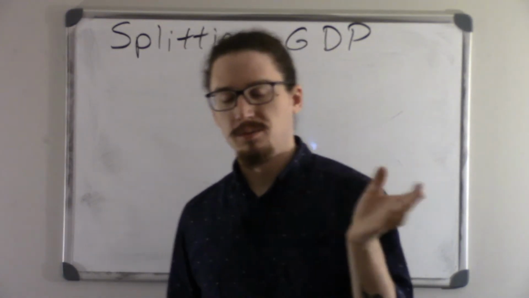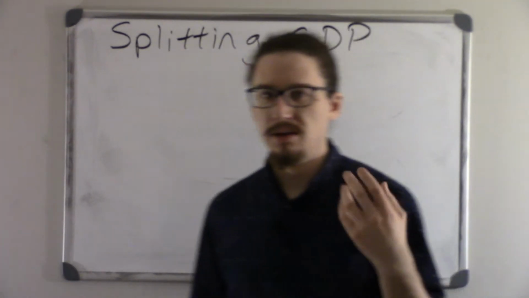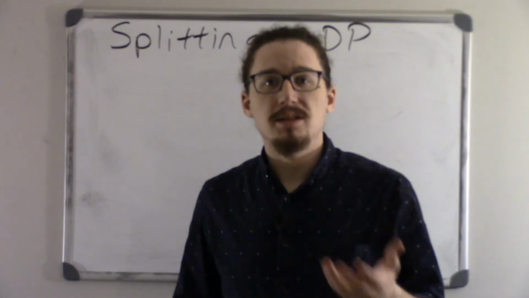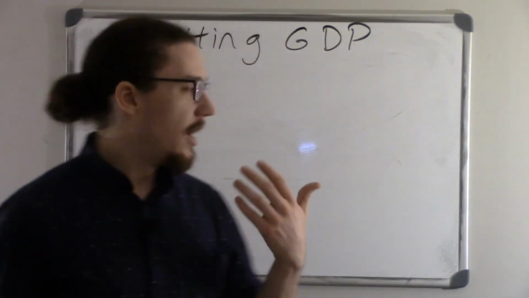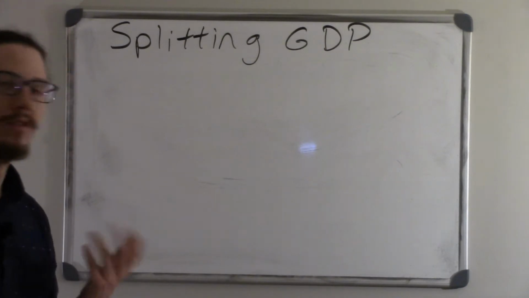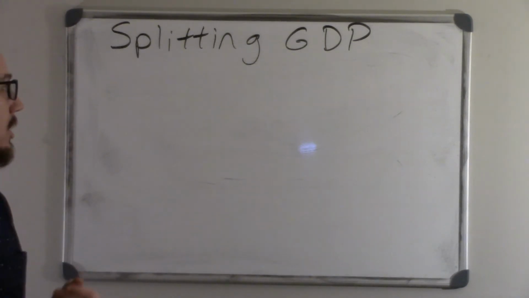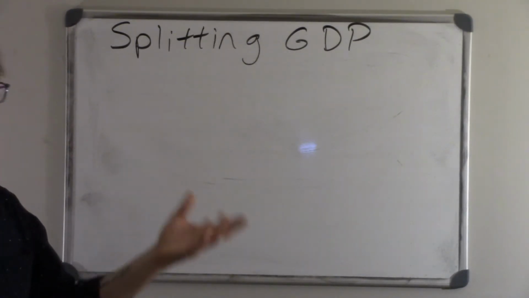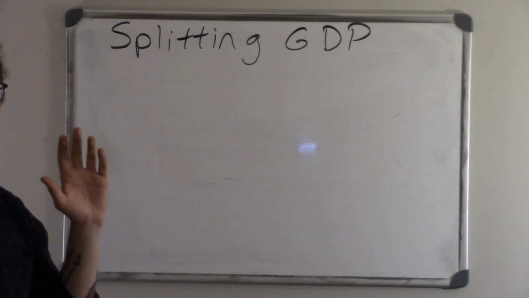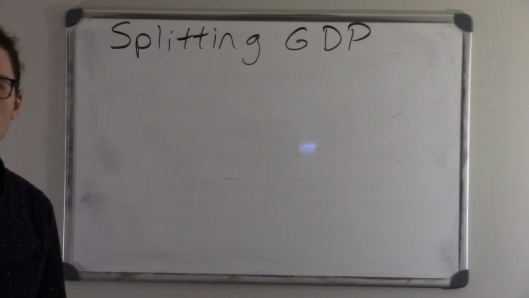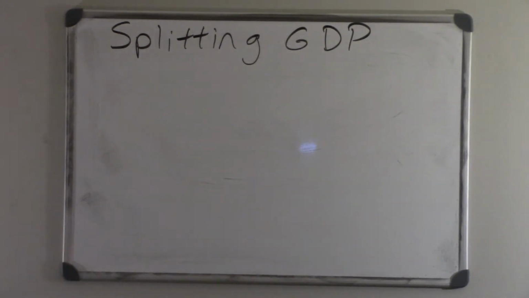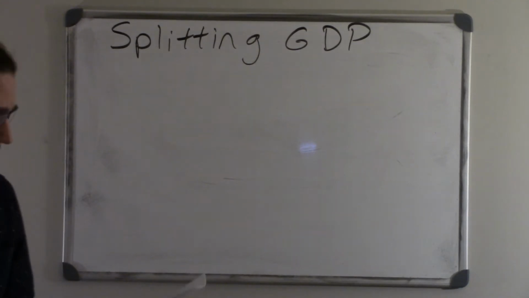That's very watered down, very simple reasoning, but that is essentially why we want to split these up. So if we are going to use fiscal policy, which we haven't talked about and will later, we can try to make it as effective as possible by targeting the sections of the economy that are lagging. But enough about that.